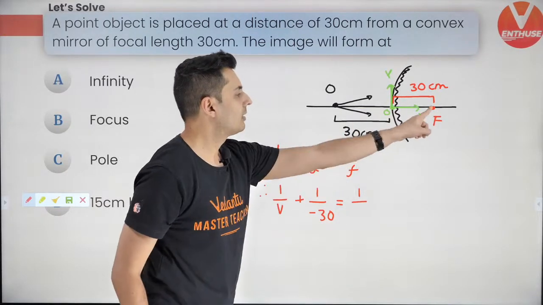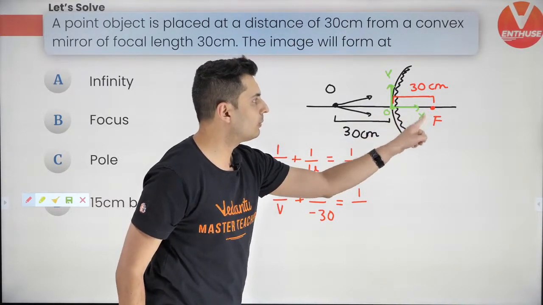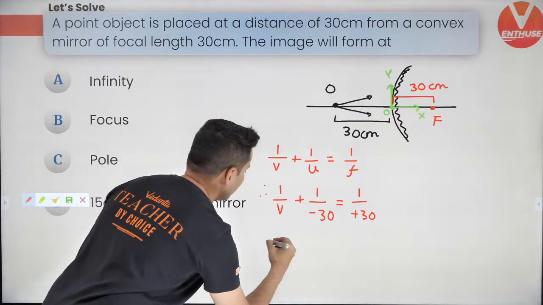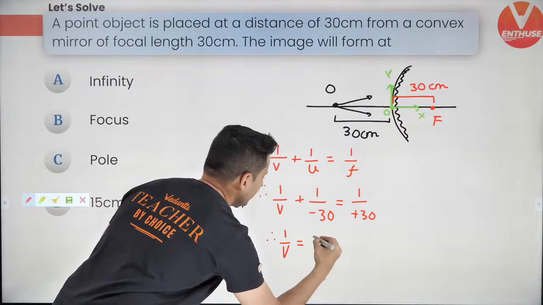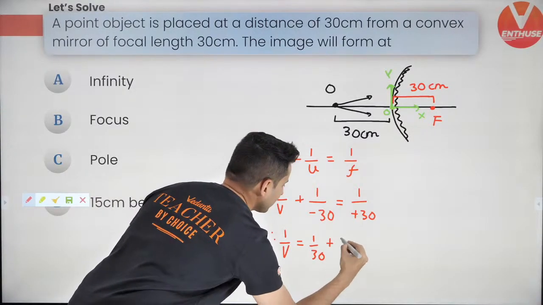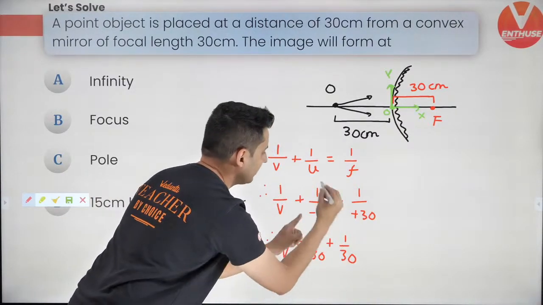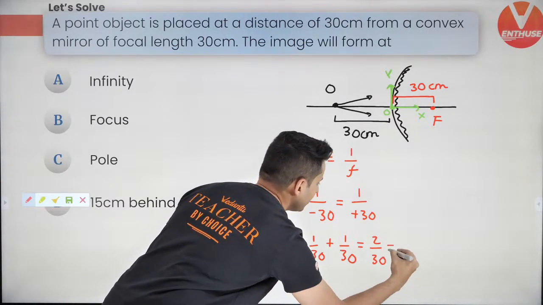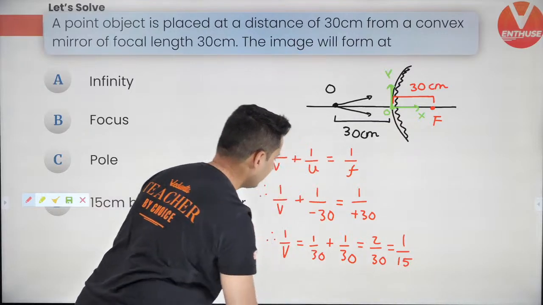Focal length, just put the coordinate of the focal point. It is plus 30. So put it as plus 30. So therefore 1 by v will be 1 by 30 plus 1 by 30, which is 2 by 30, which is 1 by 15.